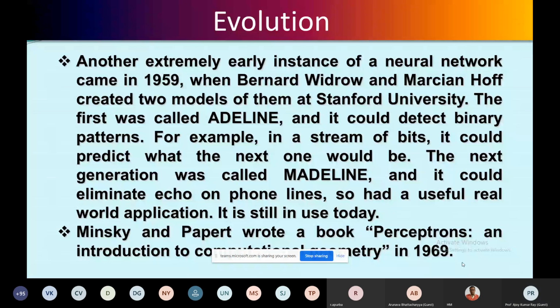And during the whole of the late 60s and 70s, frankly speaking, there was not much development in the area of machine learning or neural networks. Why? Because Minsky said that these perceptrons could classify patterns.